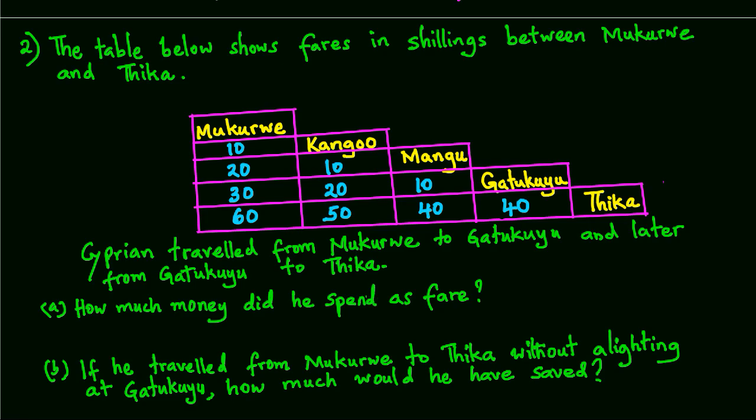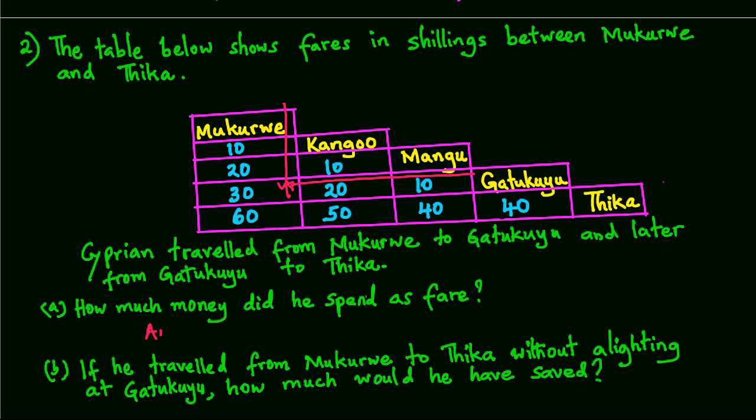So to find the amount of money spent, we have to trace his journey. From Mukuru to Gatukuyu is 30 shillings.